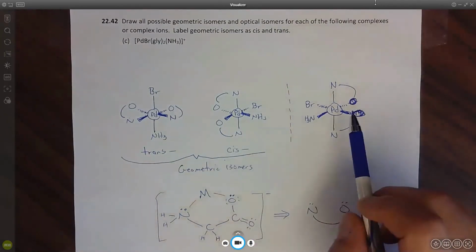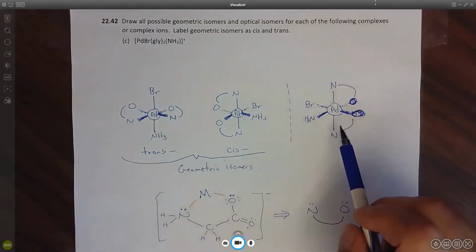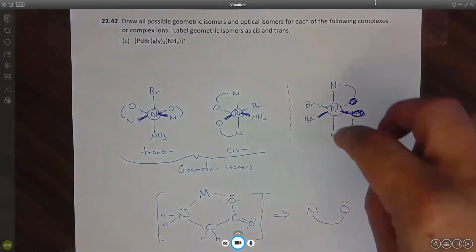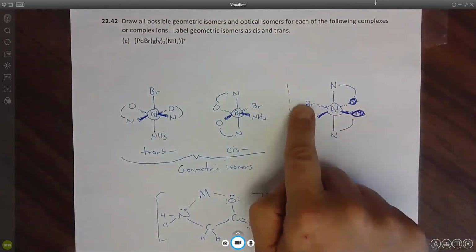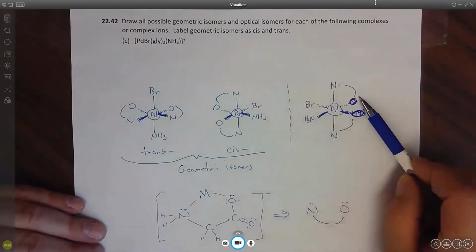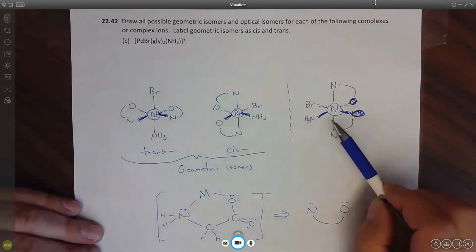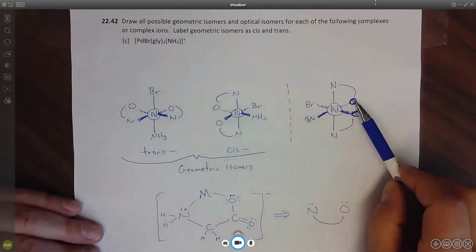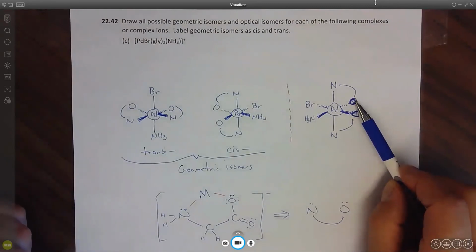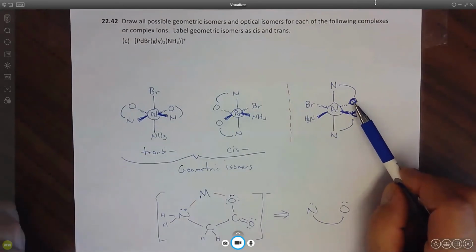And again, there's no way to rotate this. If I rotated it 180 degrees, that would put this bromine here and this ammonia here. That wouldn't work because they're not the same.